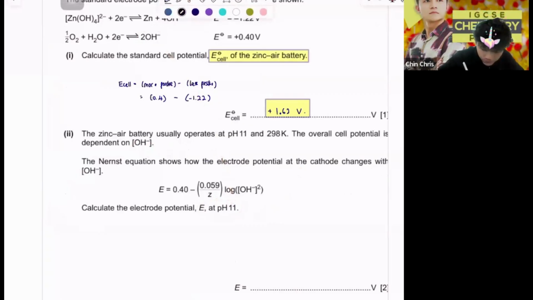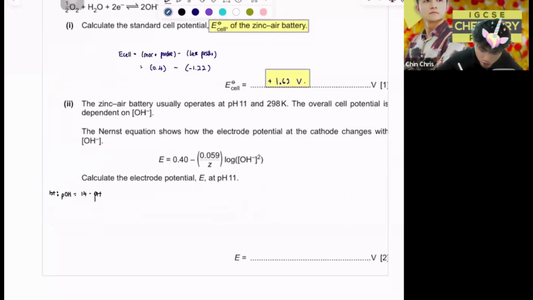So first step, guys, can you tell me how to find pOH? 14 minus pH, right? Which means how much? 14 minus 11 is 3, correct? Second step. What's my concentration of OH minus?